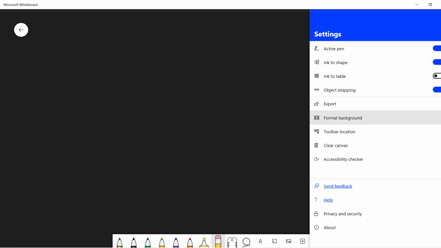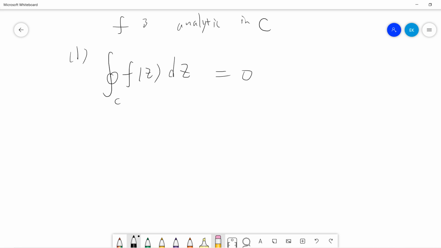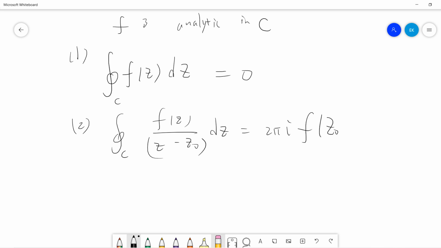Okay, so let's recall for today. We proved three kinds of Cauchy integral theorem. Let me change the background, I just want to change the background for fun. What we proved is, first, f is analytic in C, then the integral of f of z dz over C is 0. The second is the integral of f of z over (z minus z0) dz is 2π i f of z0.